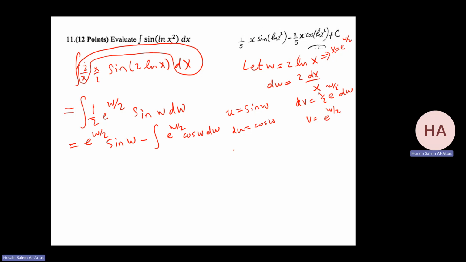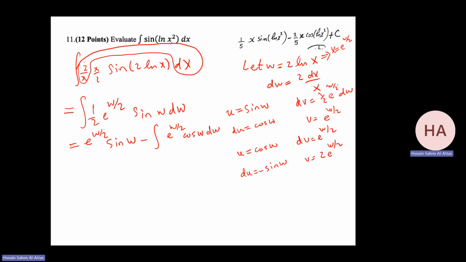Now do it again. U will be cosine W and dV e to the power W over 2. And du will be minus sine W, and V will be what? 2 e to the power W over 2.